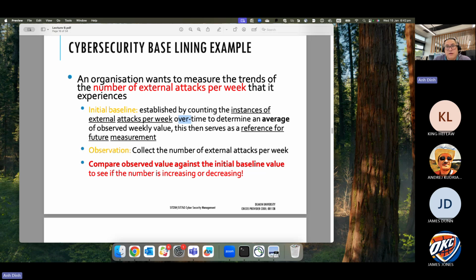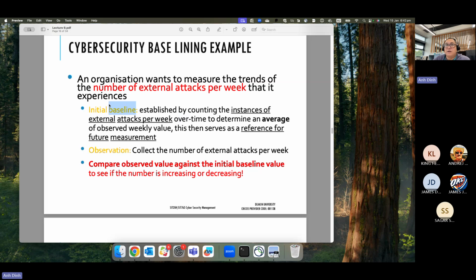Then after you establish the baseline, you start doing more measurements and collecting more data. You compare the newly collected data against the baseline, and by comparing the new observation to the baseline, you can review the trend of whether you are doing better compared to January, or whether you're doing worse.